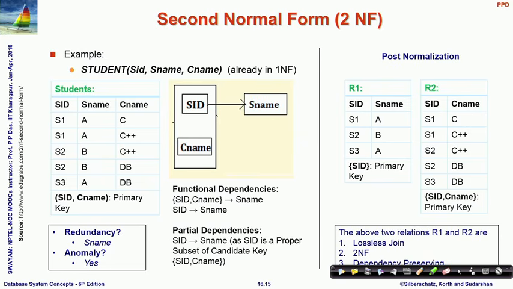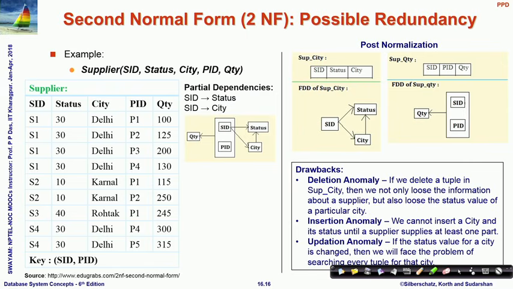Incidentally, we have not shown that it also has dependency preservation. But it is possible that a relation in second normal form could still have some redundancy. There is a design instance that I am showing with the supplier ID, SID, the status, which is functionally determined by SID, and the product and quantity values.